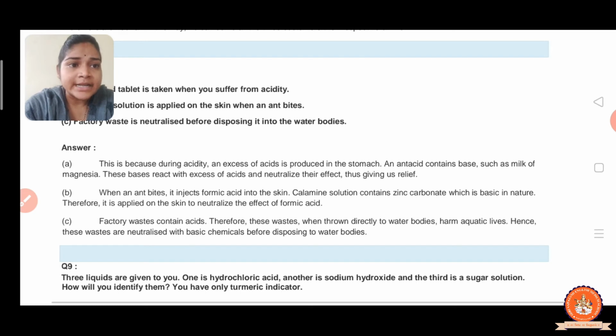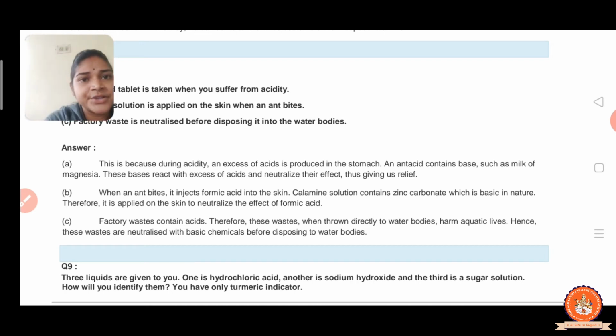Anti-acids contain a base such as milk of magnesia. These bases react with the excess acid and neutralize its effect, thus giving us relief from the acidity. That's why when we suffer from acidity, we take an ENO for the relief of acidity, right?